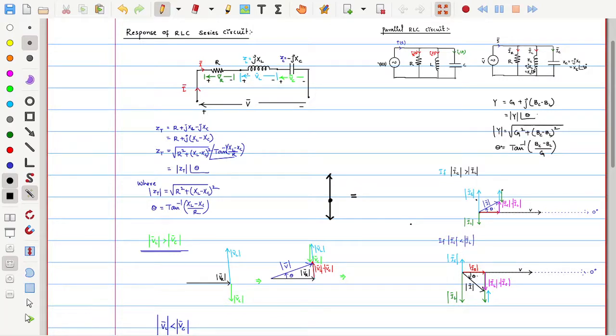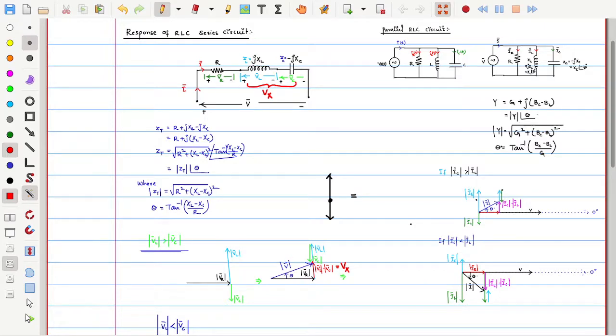Now after getting the total addition of these, that is the voltage of these reactive elements, let me say Vx, then addition of this Vx with the Vr is the total voltage. See that this red color one is the Vx and Vx plus Vr is the blue color one.